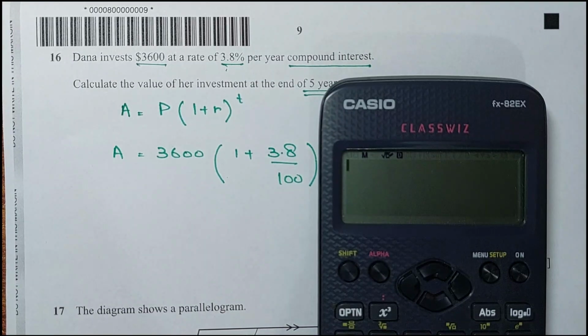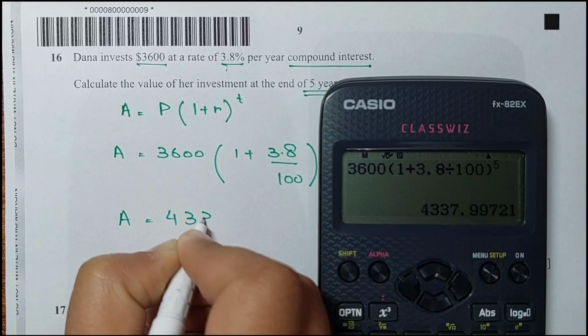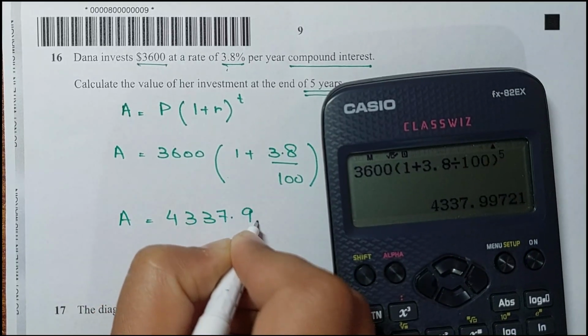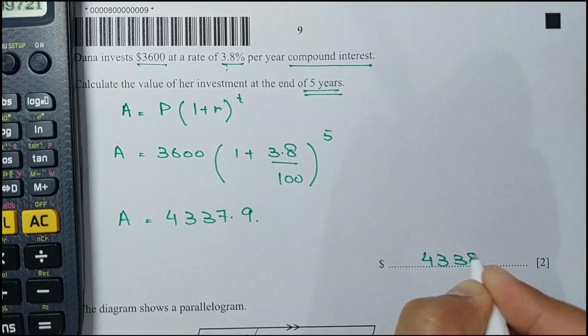Let me simplify. 3,600 times (1 plus 3.8 over 100) to the power 5 is going to be 4,337.9, or we can say $4,338.